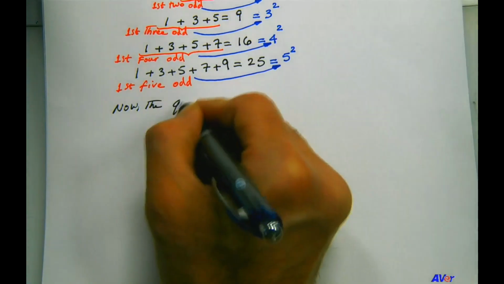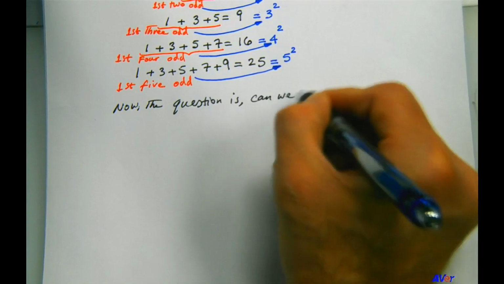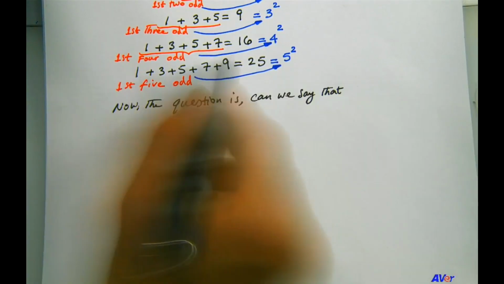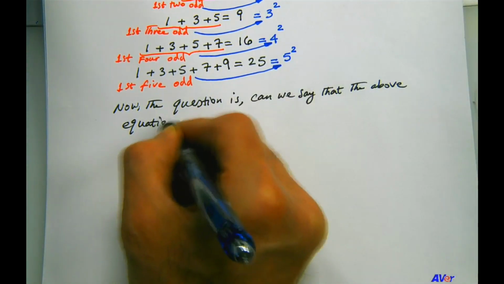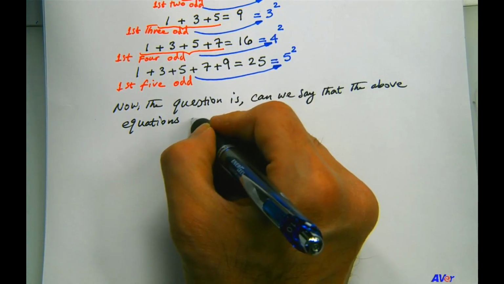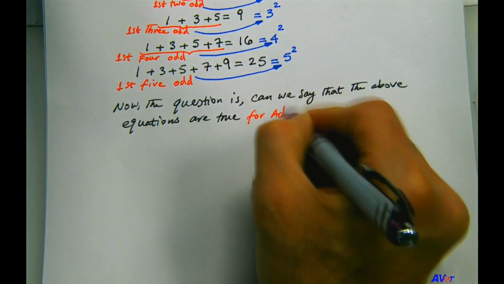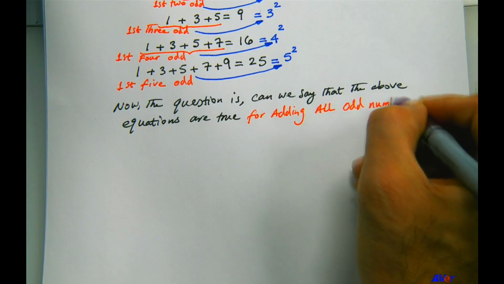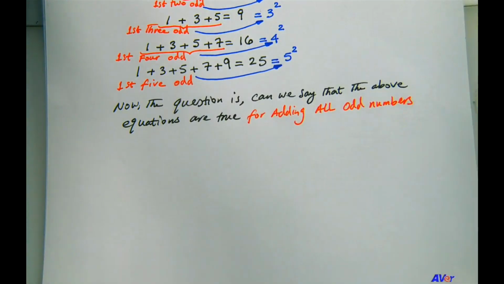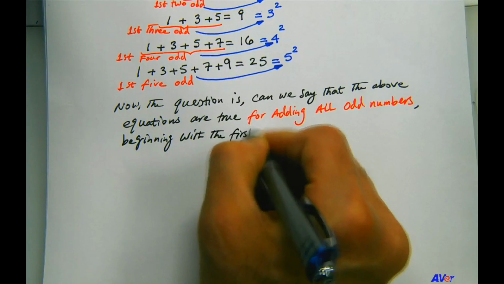Okay, so now the question is, can we say that the above relationship, or the above equations, are true for adding all odd numbers, beginning with the first odd number?